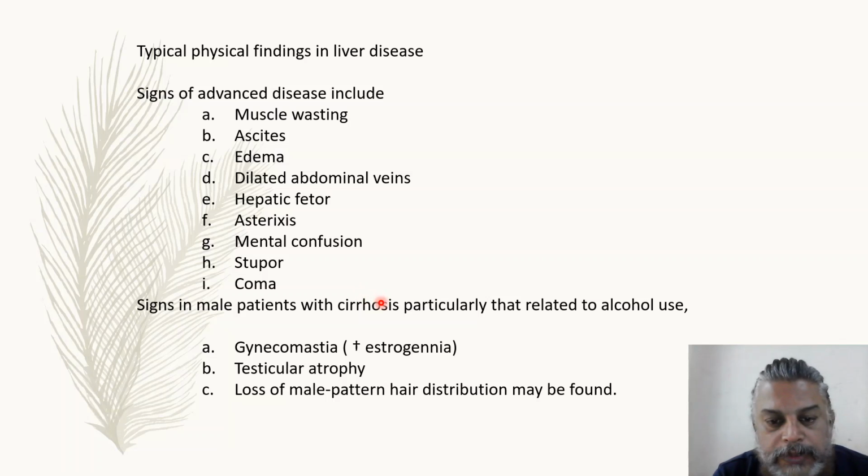In a male patient with cirrhosis, that too alcohol related, we will also be able to see the signs of hyperestrogenemia, that is gynecomastia, testicular atrophy, and loss of male pattern of hair distribution is also very striking.